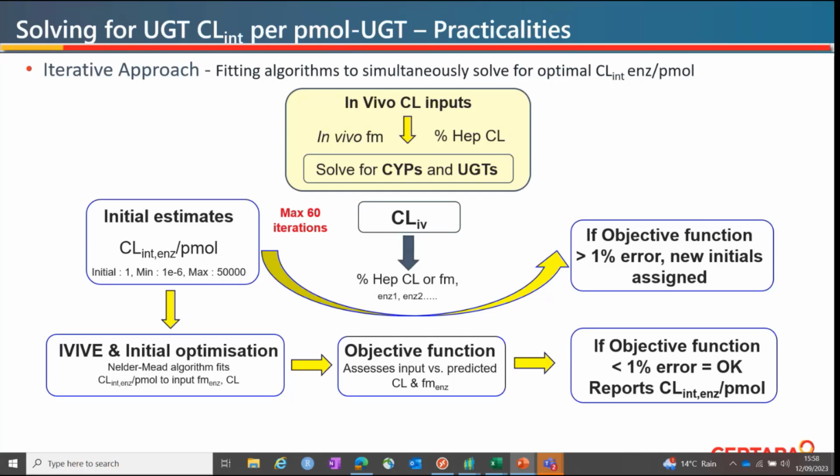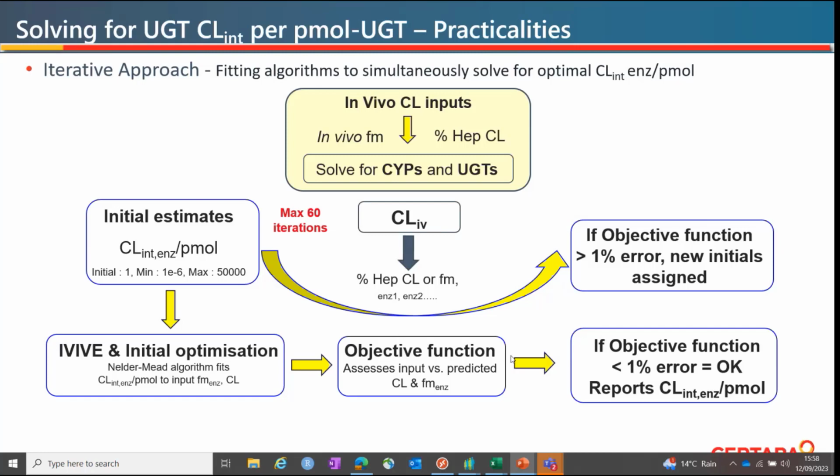So similar to the parameter estimation module that you have running in the simulator, it'll start off with an initial estimate for your intrinsic clearance per picomole of enzyme. It will then run through an optimization procedure to give you an objective function. So the objective function then compares essentially the inputs to what you get in the outputs in that iteration.